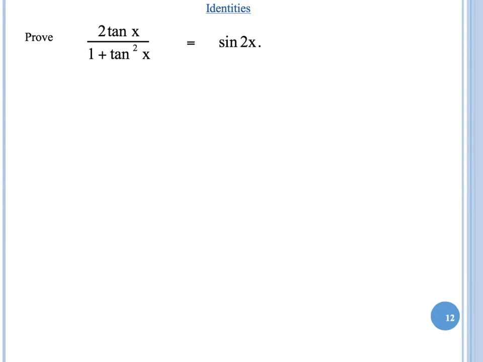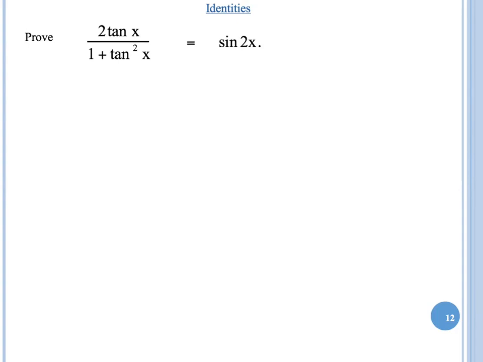Okay, so when I look at this, I don't exactly have any double angles that I need to eliminate. I see some tangents, and I see a tangent squared. So a tangent squared makes me think that maybe I have a Pythagorean identity.